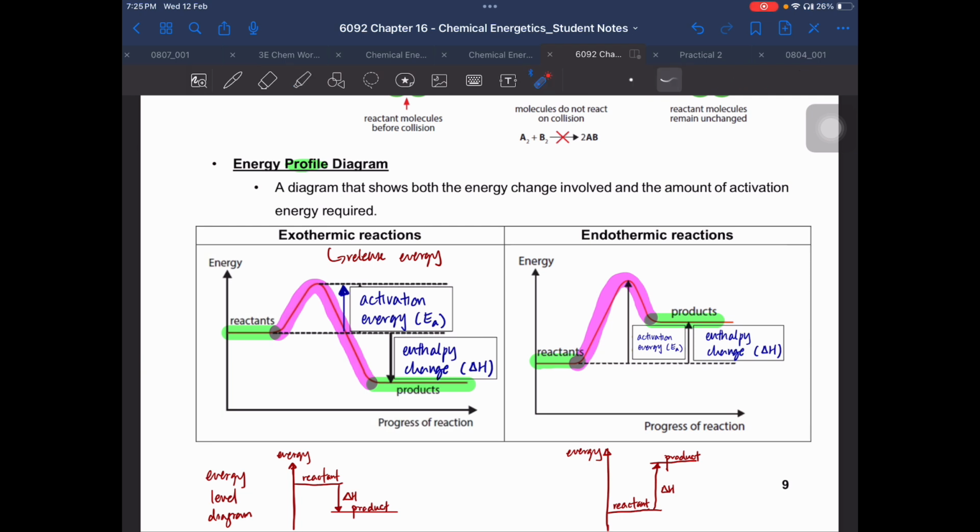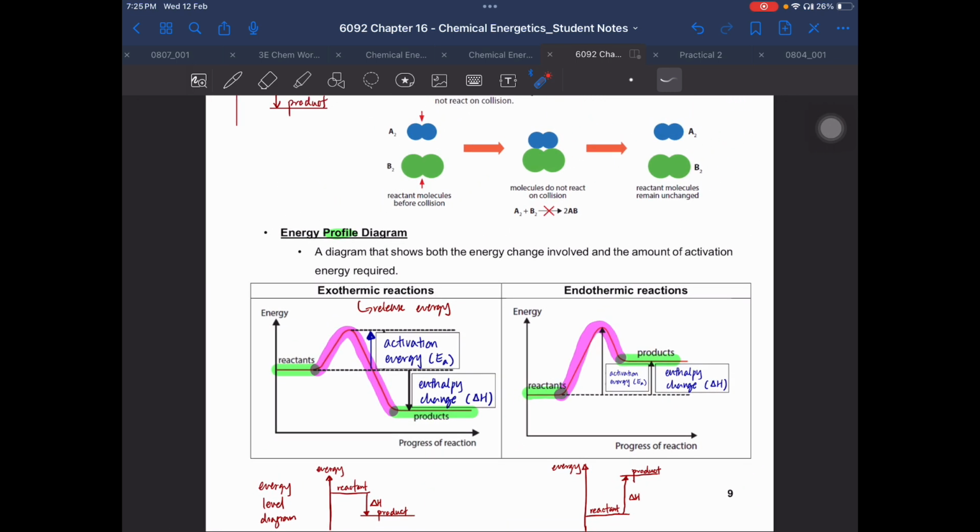Essentially, what we are learning here is that the energy profile diagram shows us the activation energy that's required for the reaction to happen, represented by the hump that moves upwards. Take note that for exothermic, it's a hump upwards before it goes back to where the product is, and for the endothermic, it's a hump upwards before it goes back, but not all the way down to where the product is, because you want to make sure that there is an endothermic enthalpy change.